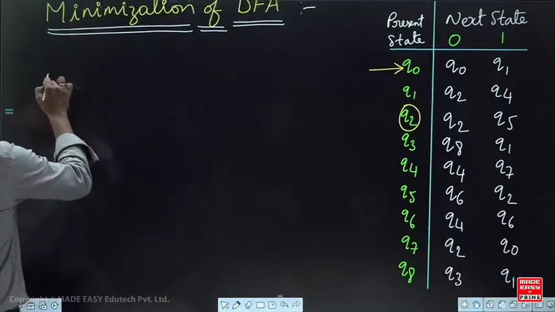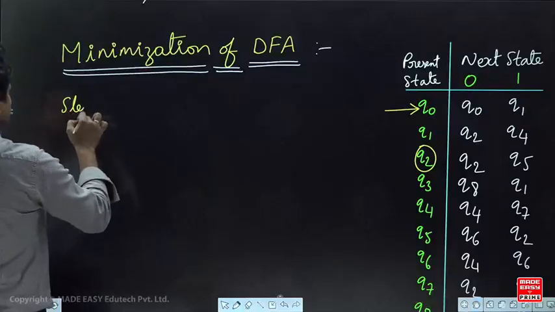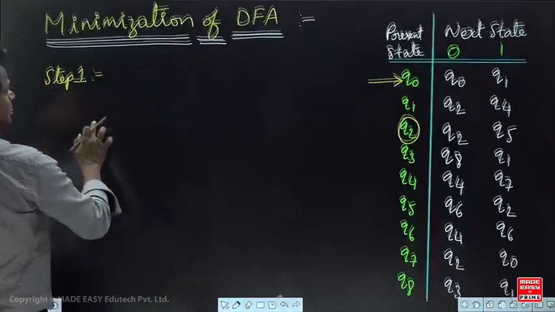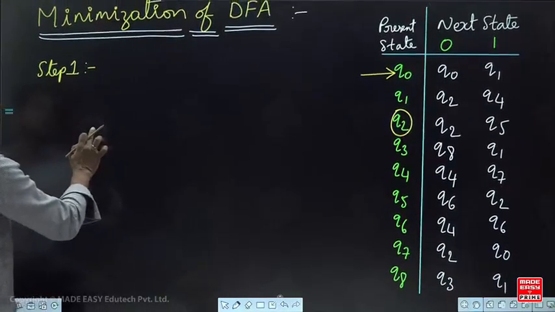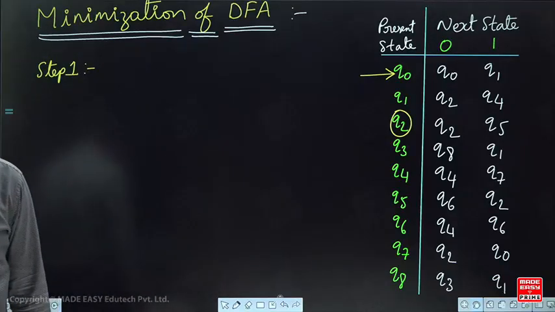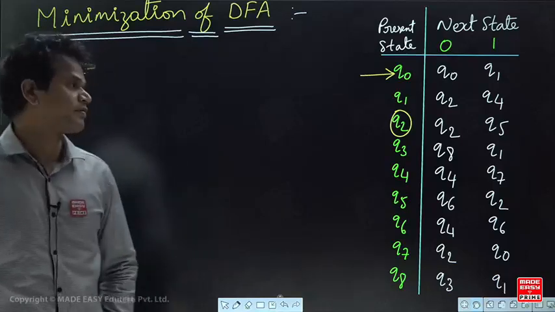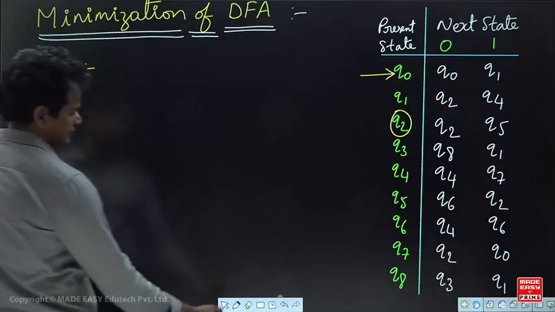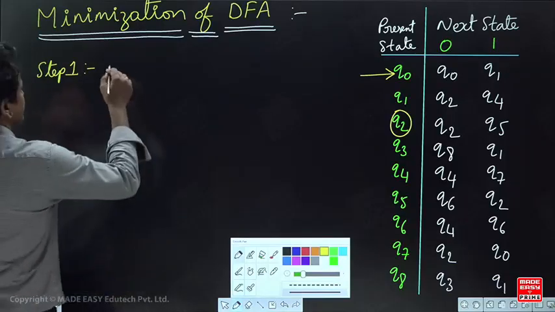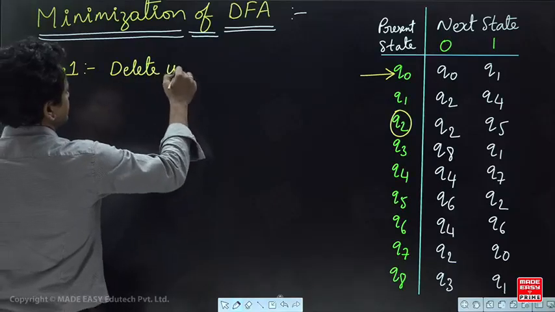Okay guys, listen. Step 1: delete unreachable states.